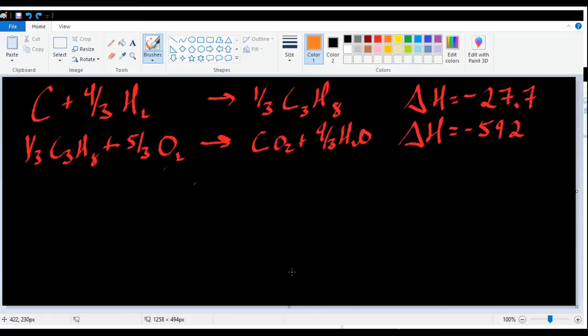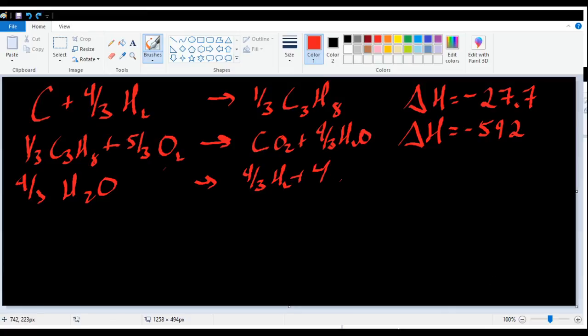So we multiply that reaction by 4/3. We get 4/3 H2O yields 4/3 hydrogen, and 4/3 times 1/2 is 2/3.